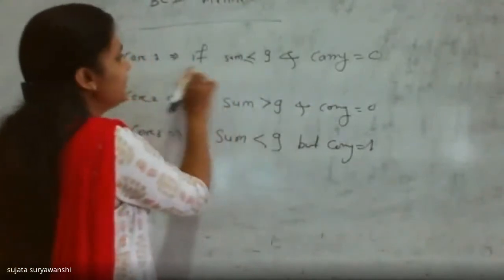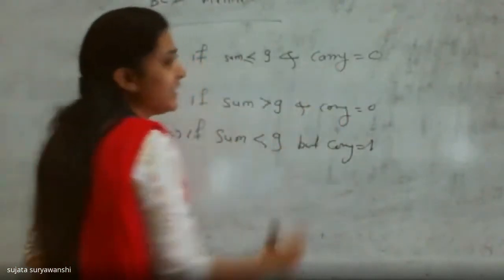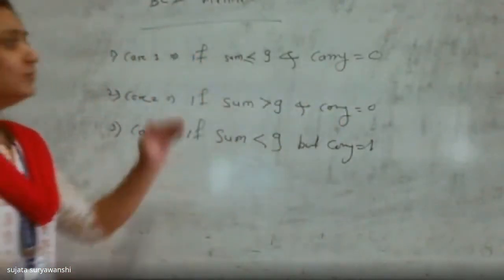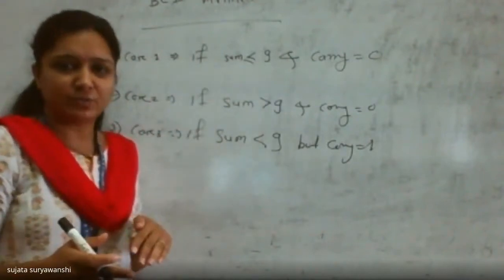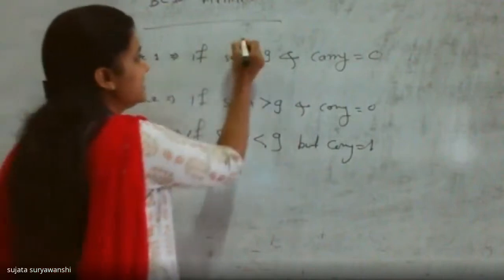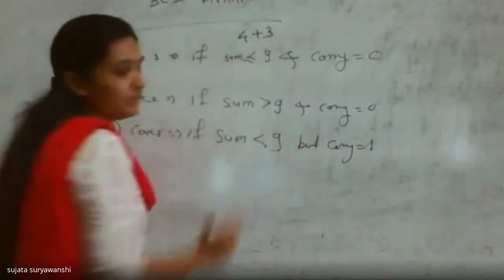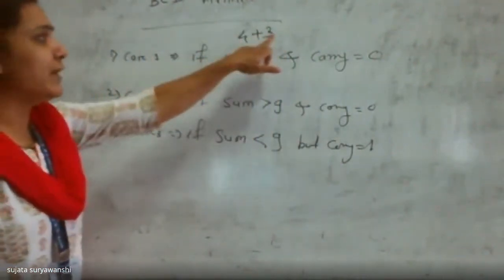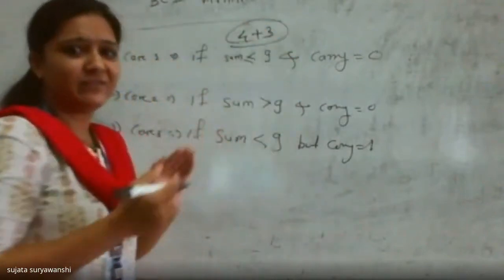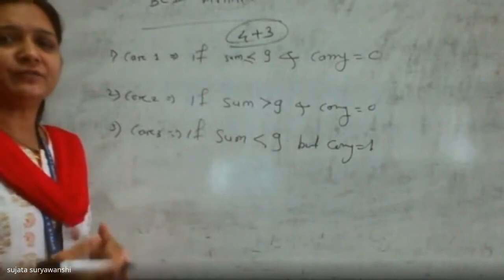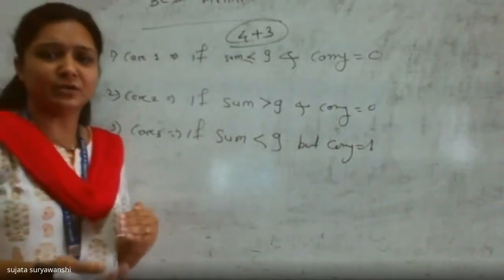We'll see the first example. If the sum is less than or equal to 9 and carry is equal to 0, then the result you get is your final result. Suppose we consider 4 plus 3. To add 4 and 3, first write the BCD equivalent of 4 and of 3, then use the arithmetic rules for addition.